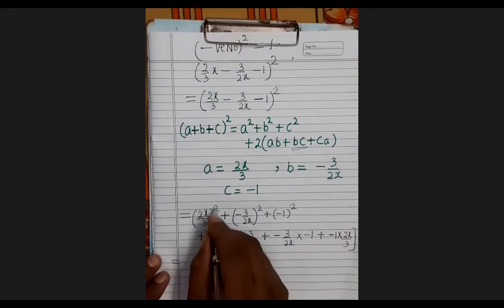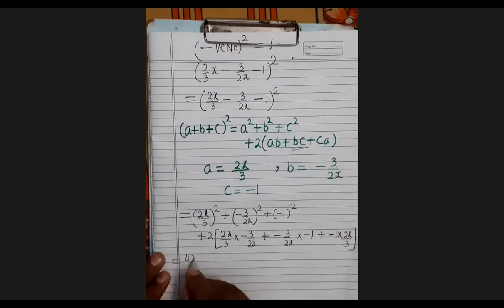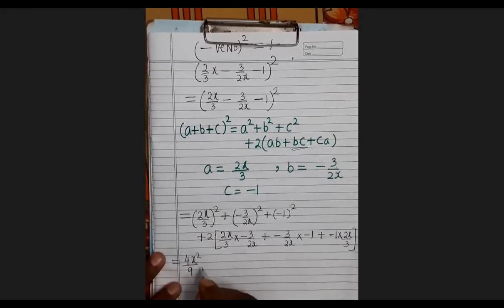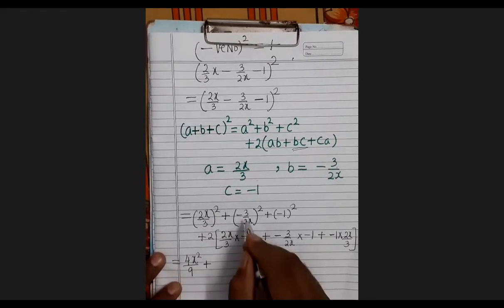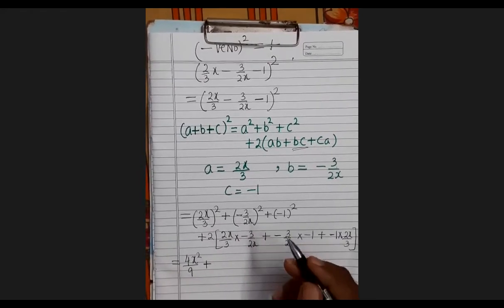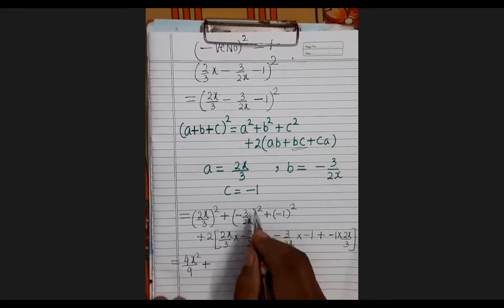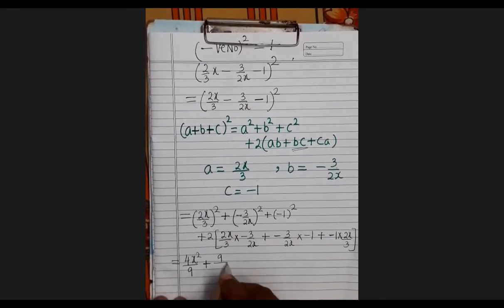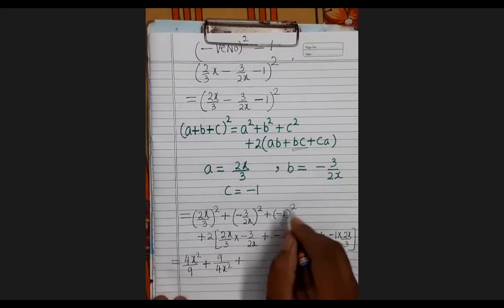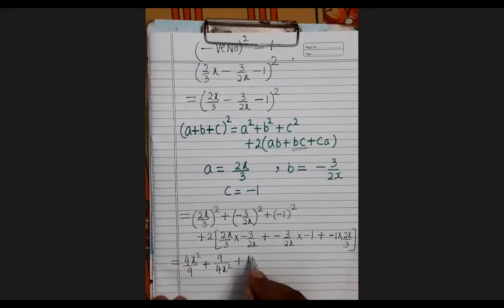So it is 2 square is 4, x square upon 3 square is 9, plus. Now minus का square is plus. 3 square is 9, 2x का whole square, that is 4x square, plus minus 1 whole square, it is 1.